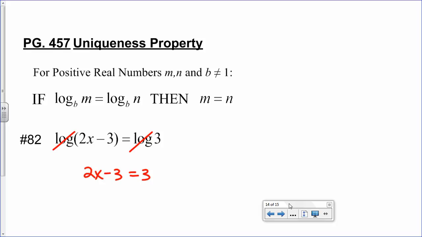You have to have a single term and a single term. And it has to be a log on both sides. So add 3, divided by 2. We get x equals 3. Make sure that's positive. 2 times 3 is 6, minus 3 is 3, so we're okay.